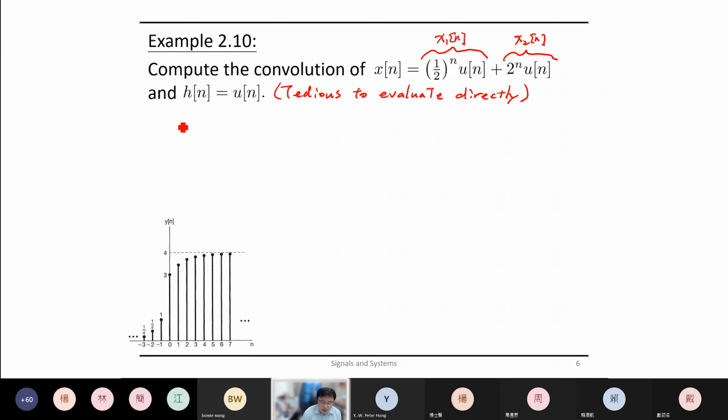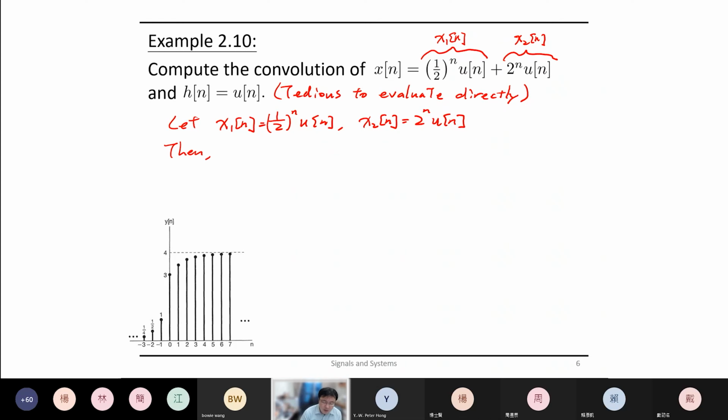So this is saying that suppose we let x1[n] equal (1/2)^n u[n], and x2[n] equal 2^n u[n].